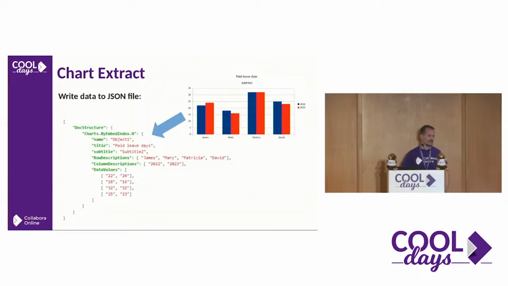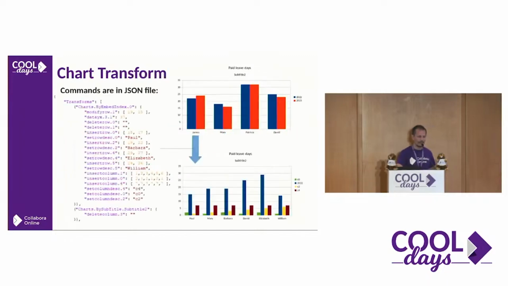Here is an example of what data is extracted from charts. You can extract data values and descriptions, titles, and the name of the chart. In the chart transform, you can select which chart you want to transform.